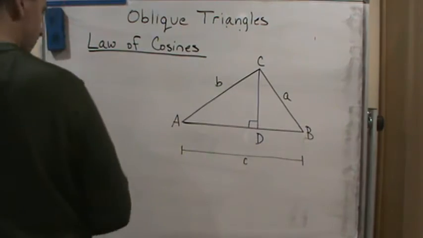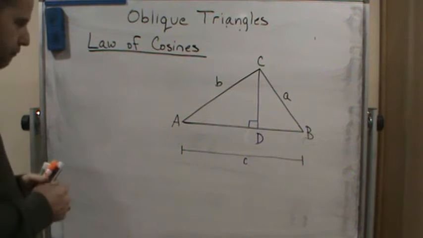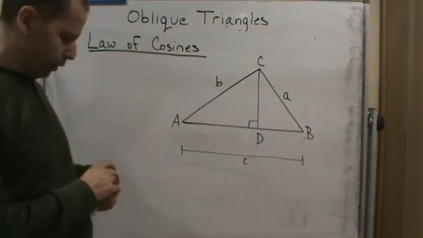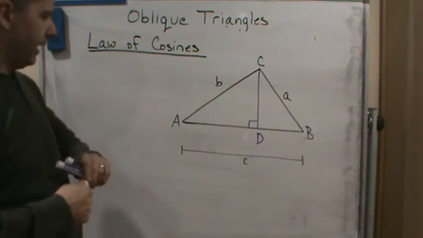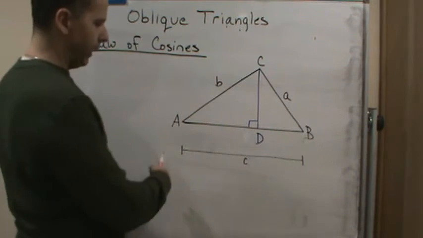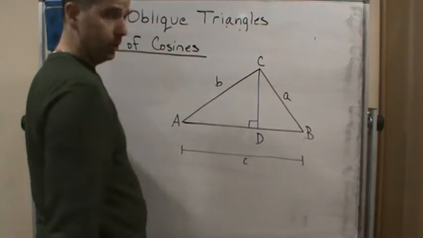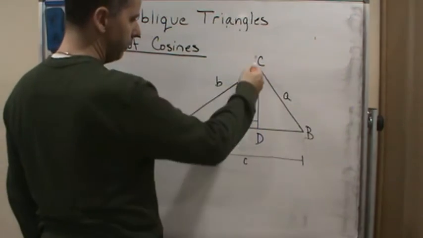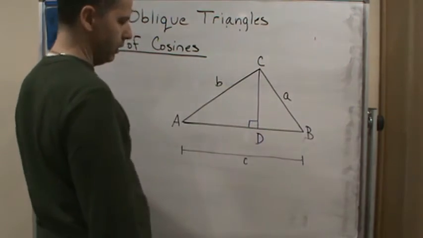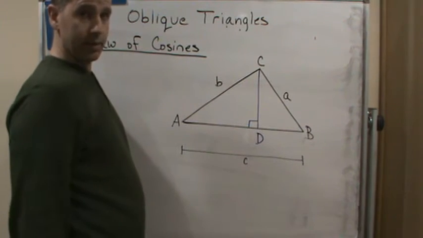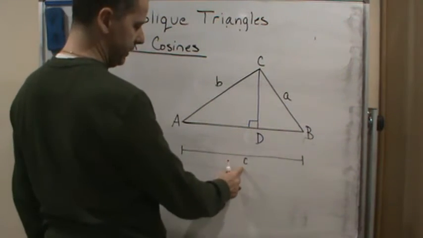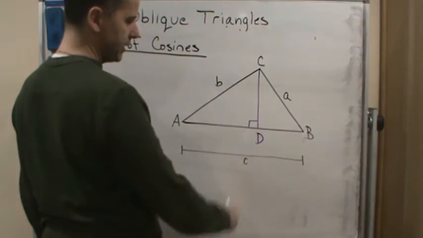Okay, so using this triangle, I'm going to label some of the other aspects of this. We have a triangle ABC. We drop a perpendicular line segment from C to the side opposite of it, c, and we create the line segment CD.